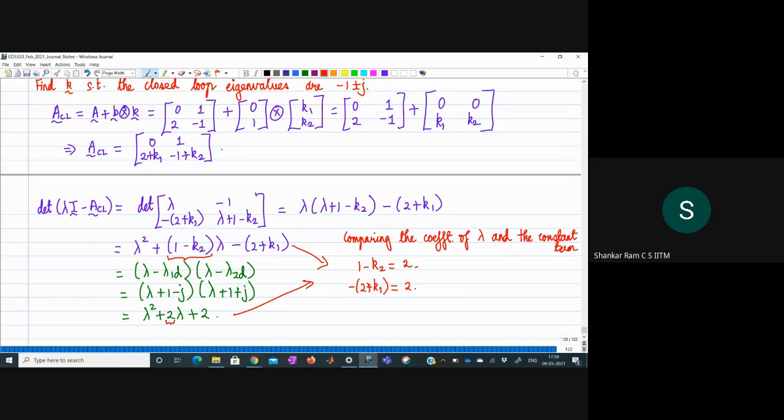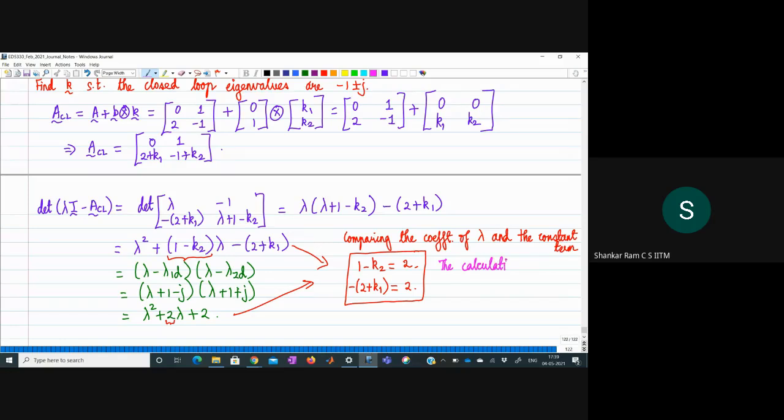Okay. Now, what is unique about this? What is the advantage we have obtained? We can immediately observe that the calculation of K1 and K2 have become decoupled.